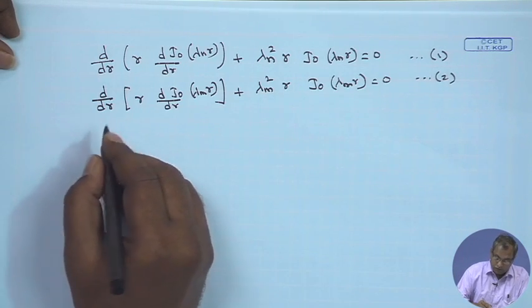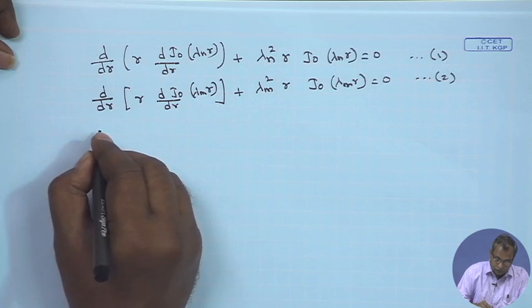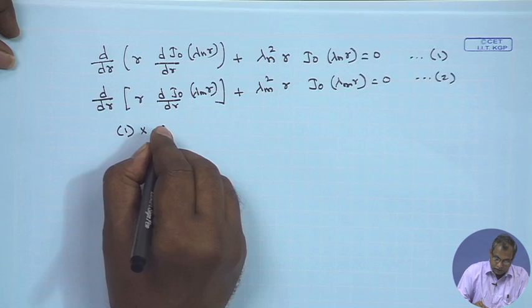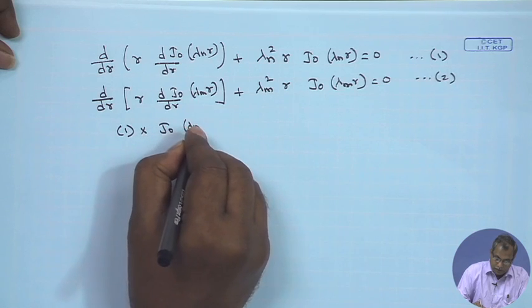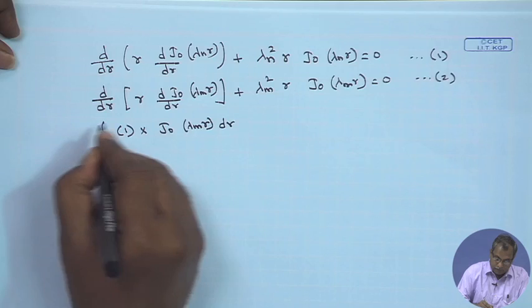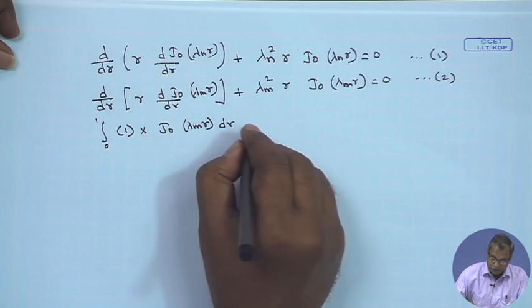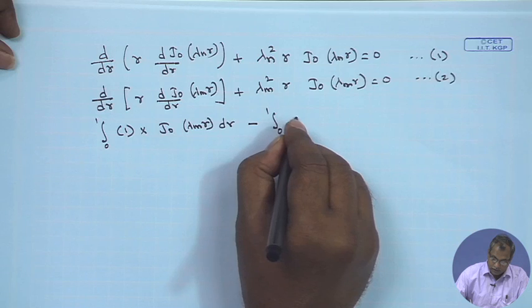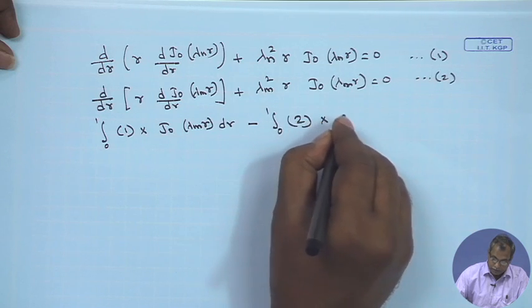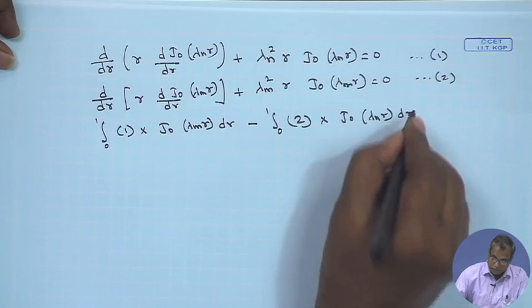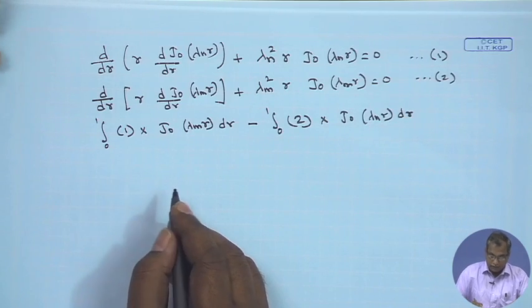That means, what I will be doing next is multiplying equation 1 with J0 lambda m r dr, integrating over the domain of r from 0 to 1, and then minus the integral from 0 to 1 of equation 2 multiplied by J0 lambda n r dr. If we do that, let us see what we get.